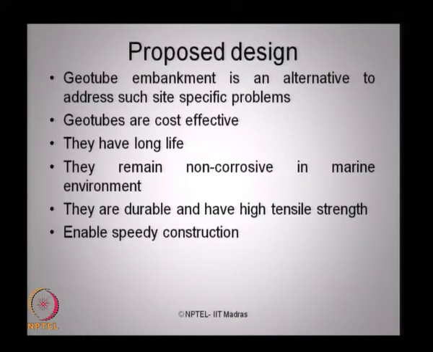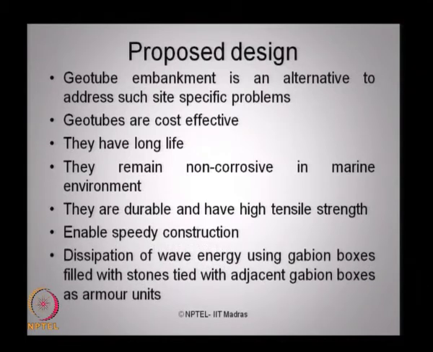It also, in addition, ladies and gentlemen, dissipates wave energy because of the design. The design uses gabion boxes filled with stones and tied with adjacent gabion boxes as armor units, which protect the geotube from further erosion.